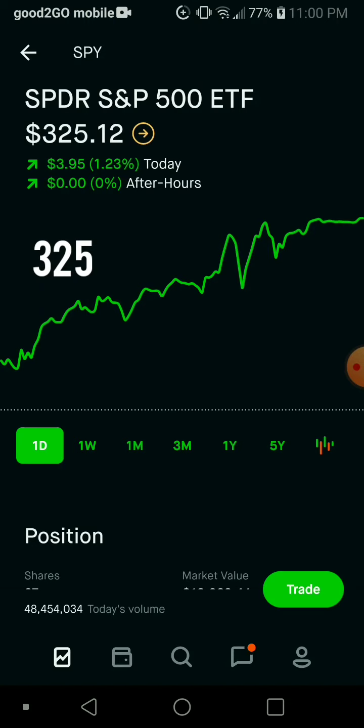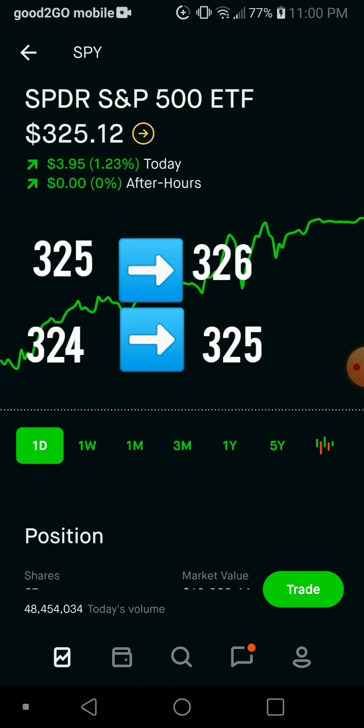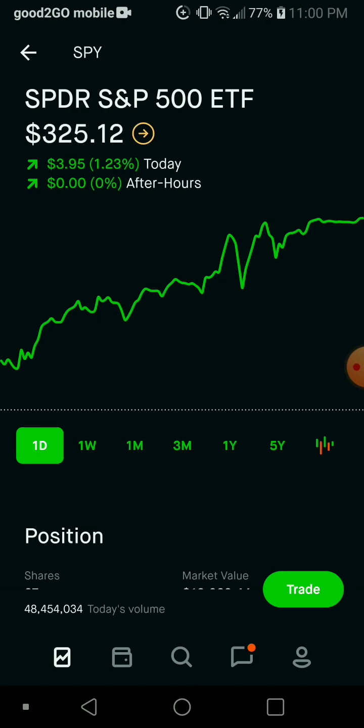But if the stock later went up to 326, guess what? The stop loss will also go up from 324 to 325. Let's say later the stock price went to 327, and we said we want the trailing stop to be $1 lower than the maximum. So $1 less than 327 is going to be 326.